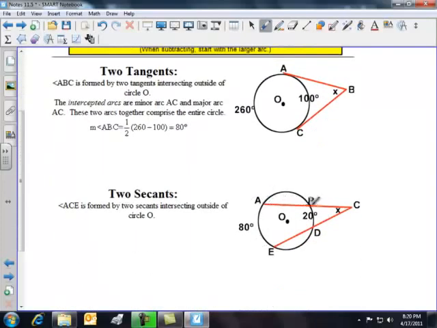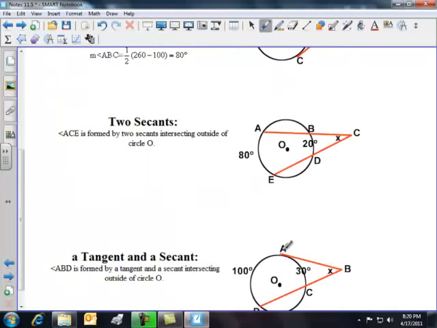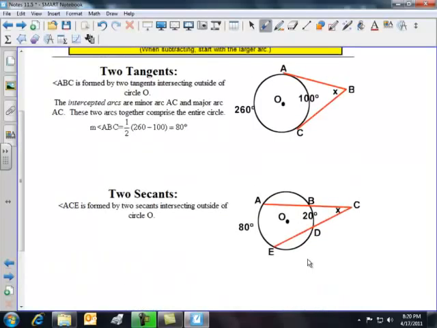If you have two secants, remember the difference between the secants and the tangents, this is another situation where the angle could be outside of the circle. If you have a tangent and a secant, again, you have an angle formed on the outside of the circle. The vertex is outside of the circle.